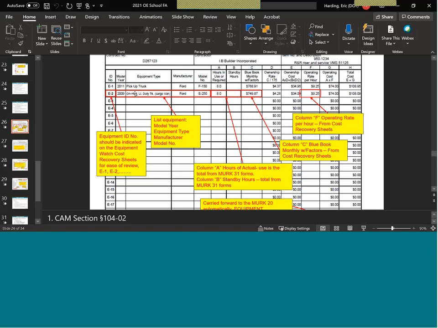It's an on-highway light-duty truck. This is a cargo van. That's a good piece of information. It's 40, 250, 8 hours used. And we looked at column F, the operating rate, where it shows that on the cost recovery sheets as well.